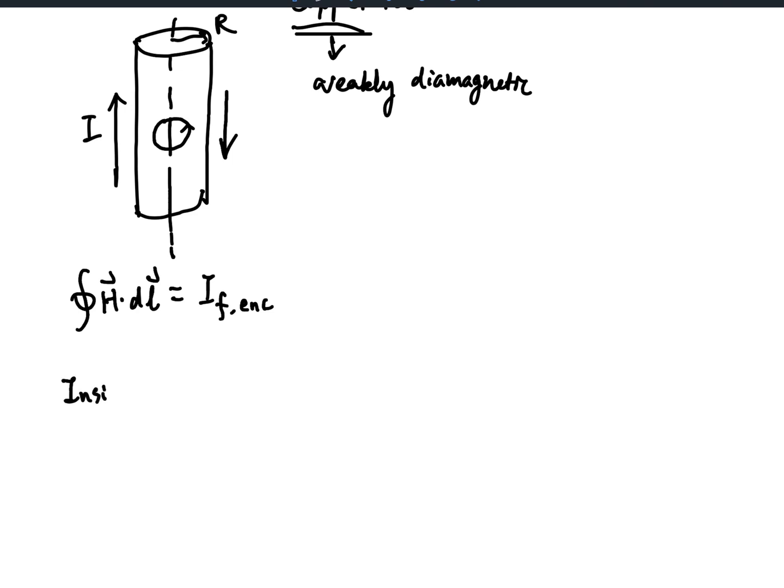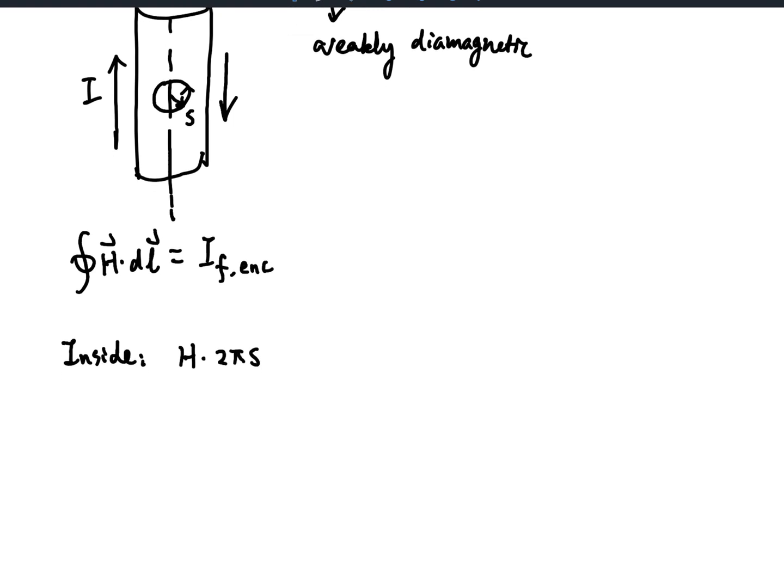For the first case, inside, we expect H to be the same because of the symmetry. So if we assume its radius is s, H times 2 pi s, that is the length, equals the current.